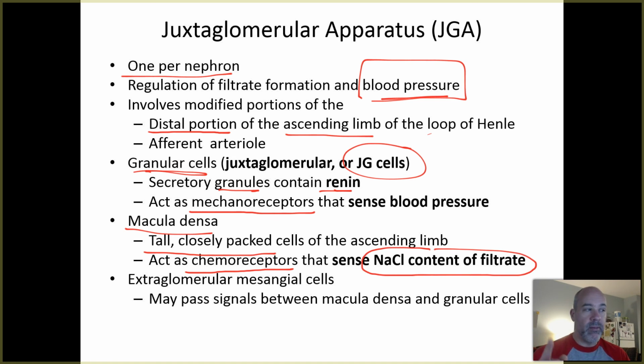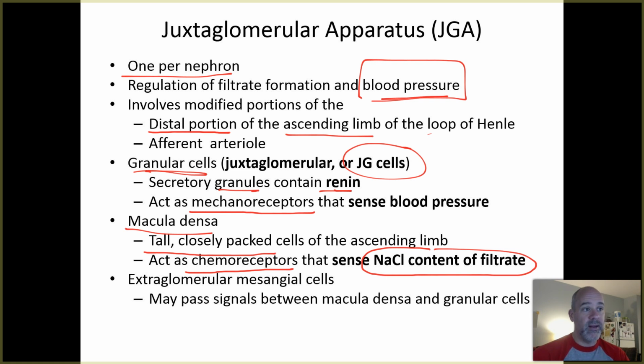Remember where they're located: this urine that's forming has passed through the proximal convoluted tubule, where a lot of reabsorption has already taken place. It's gone down through the loop of Henle, it's coming back up, and it's all the way at the top, at the very end of that ascending limb. By now you're getting pretty close to having taken out all the stuff you need to take out of the urine and put in extra things through tubular secretion. So you're getting pretty close to fully formed urine.